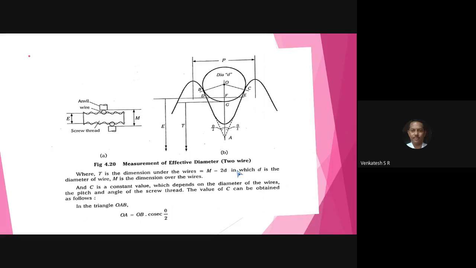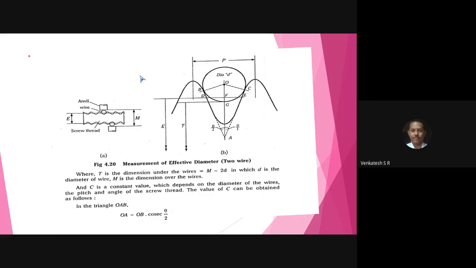In the laboratory, you have the 3-wire method and the 2-wire method for measurement of elements of the screw thread. Wire here is not a wire, it is a shaft, and there will be an anvil which is fixed like this. All of you observe here. The 2-wire method looks like a micrometer.